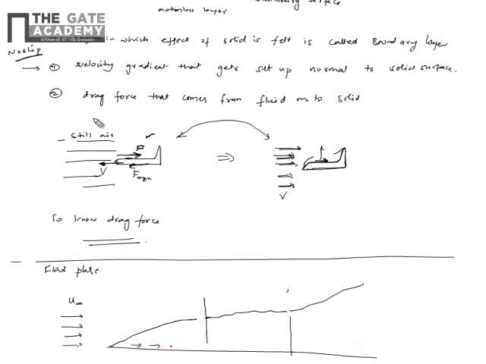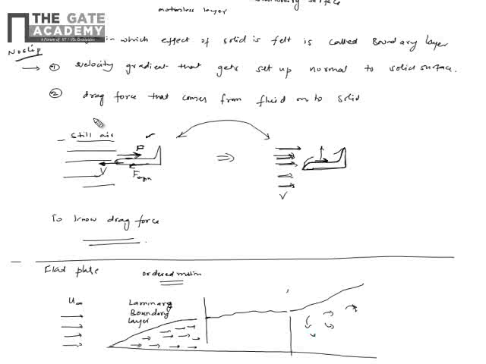In the starting portion of the plate, you'll observe that the velocities are all aligned in one direction. The fluid motion is all organized, an ordered motion, and that region is termed the laminar boundary layer. You don't have any velocity fluctuation, and in the turbulent range you have all sorts of velocity fluctuation.